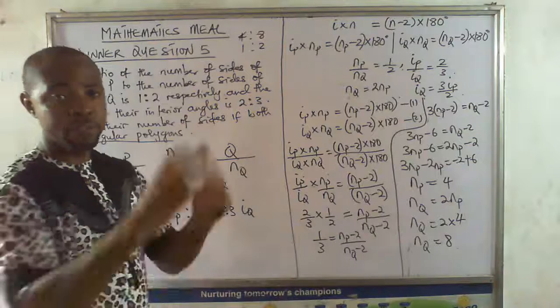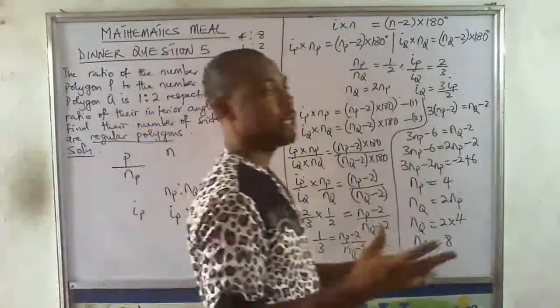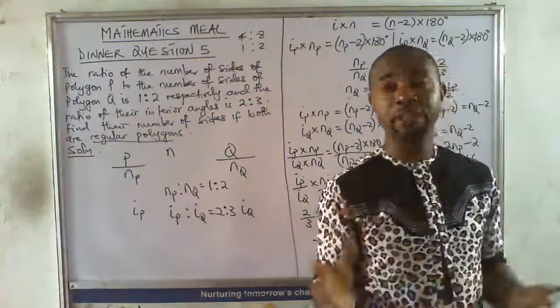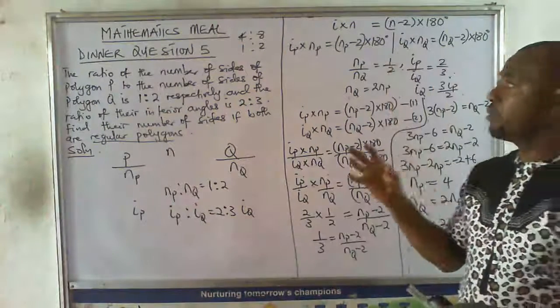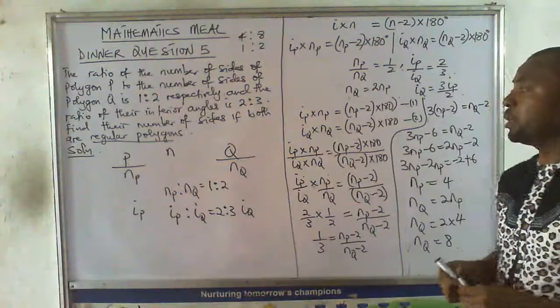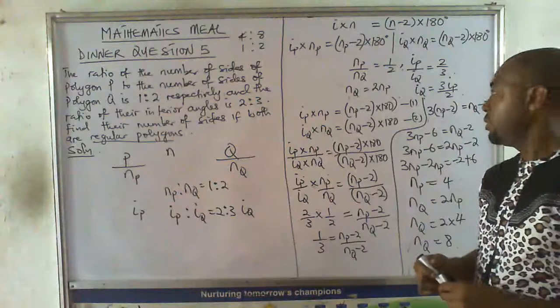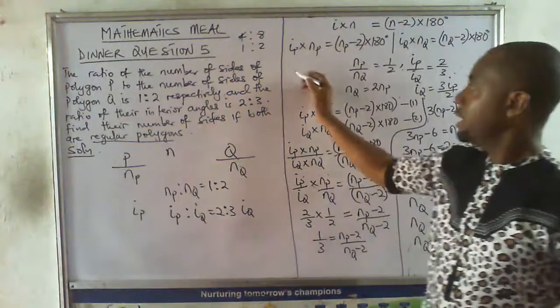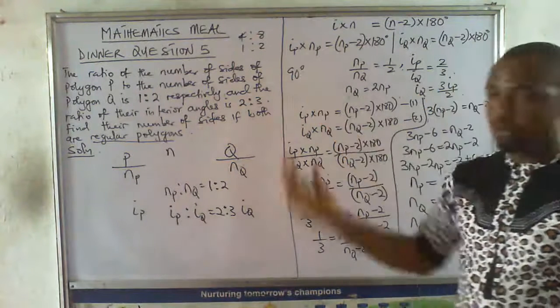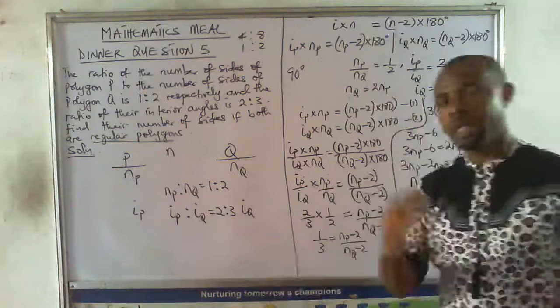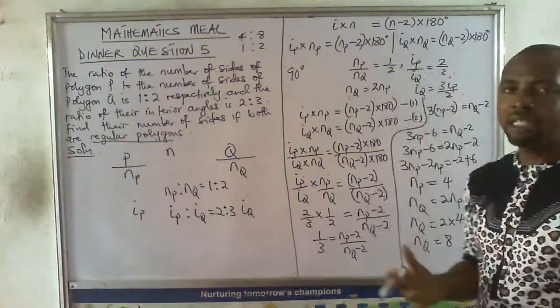Then if you check their angles, if a quadrilateral is regular, the sum of interior angles in a quadrilateral is 360. That means each interior angle will be 90 degrees. And then an octagon has 8 sides.